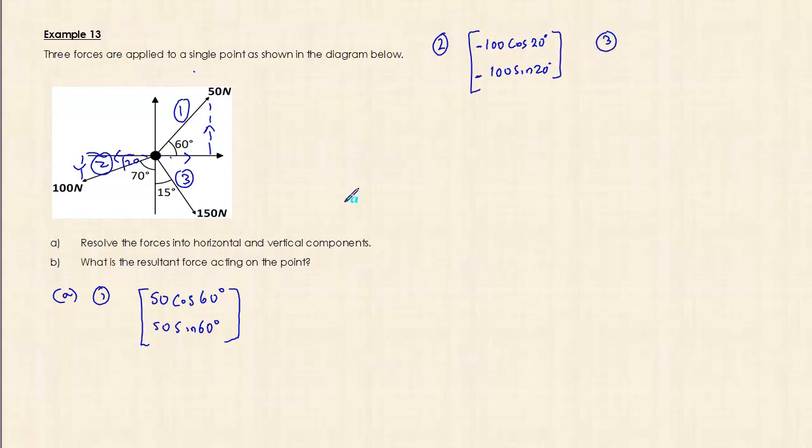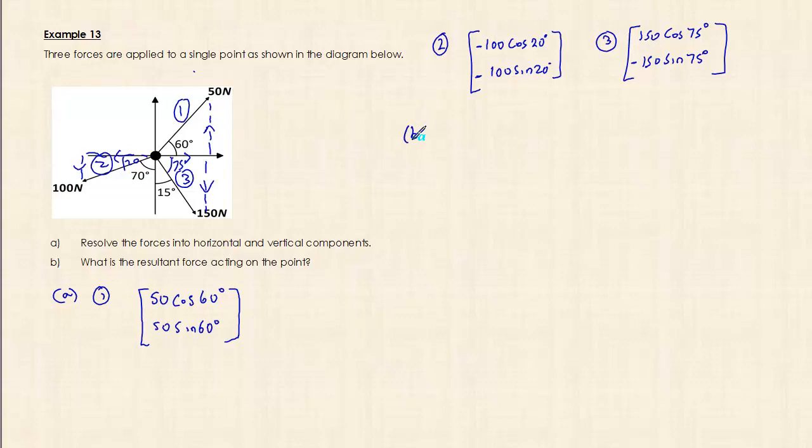And then for number 3, so that's going this way and then downwards, that's 15, this one is 75. So that's going to be 150 cos 75, positive because it's going to the right. Then we'll have negative 150 sine 75.